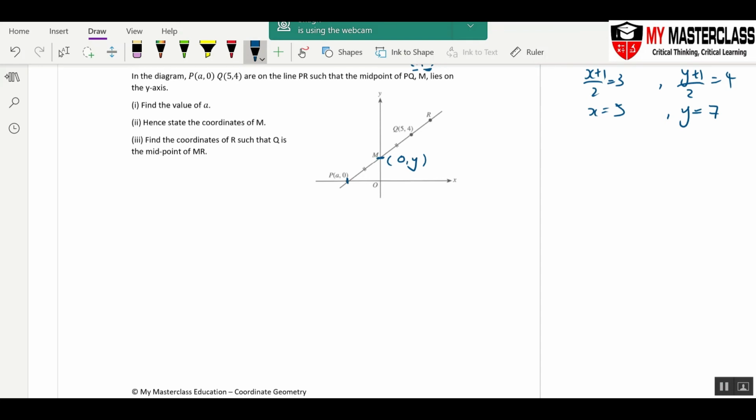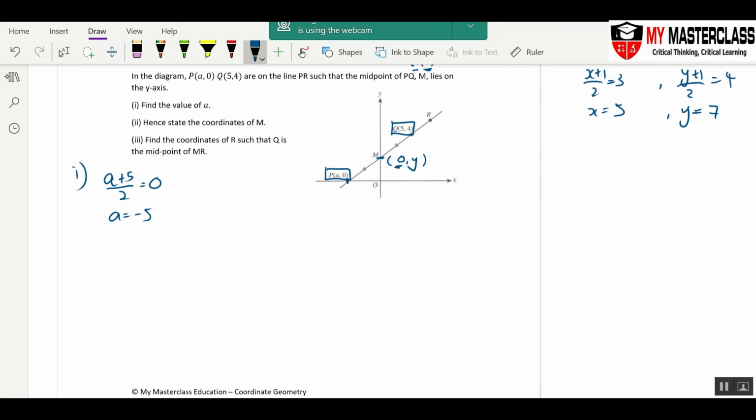First thing, how do I find the value of a? M is the midpoint of Q and P, which means that you already know that the x coordinate of the midpoint is 0. So it means that (a plus 5) divided by 2 must be equal to 0. a equals negative 5. That I have for my part 1.